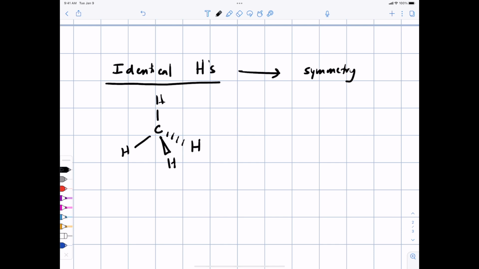How many different protons in that molecule? There are 4 protons, but they are not different. They are identical because of symmetry, right? By rotation and movement of this molecule, you can interchange the positions of all of those protons.